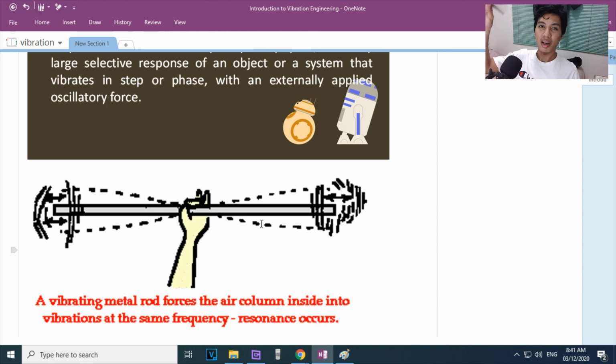Resonance na yan. Ibig sabihin, yung oscillating body mo creates something na nagte-take effect sa kanya. Yung air column na nandirito, naapektuhan nung oscillating body.